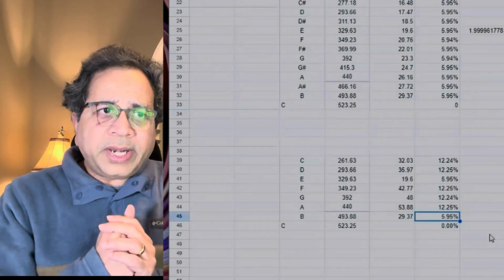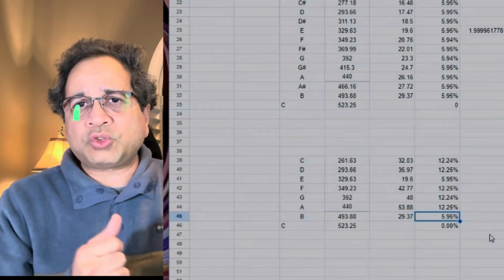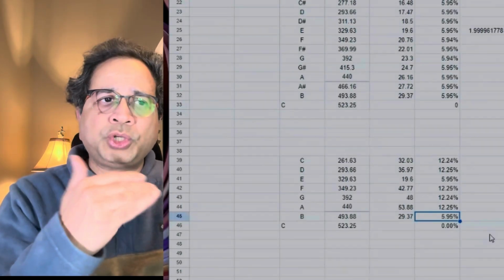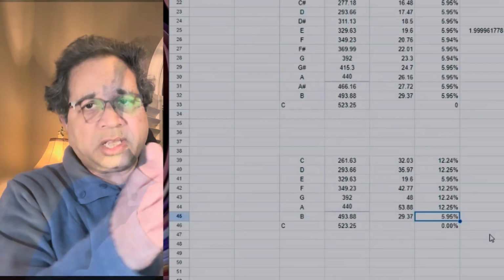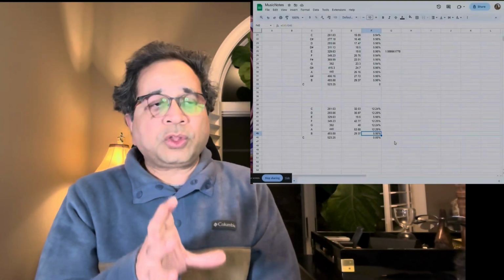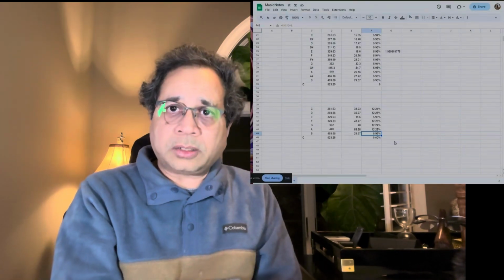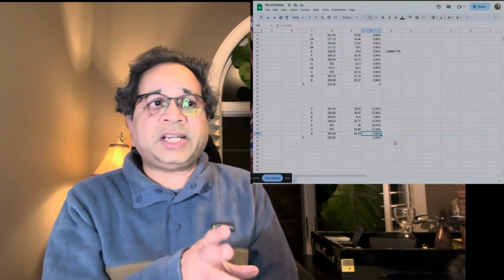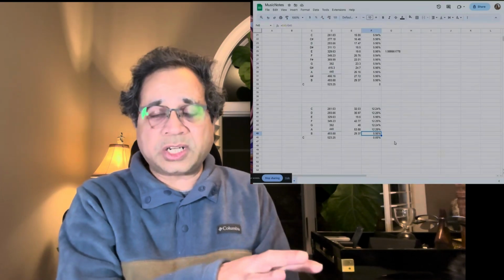Now, we might also ask the question, why only 12 notes? Why not make them 24 notes, right? Why don't you divide them equally by the same multiplicative method and then create 24 notes? We could have, and actually there are certain systems that divided notes into 24 instead of 12.